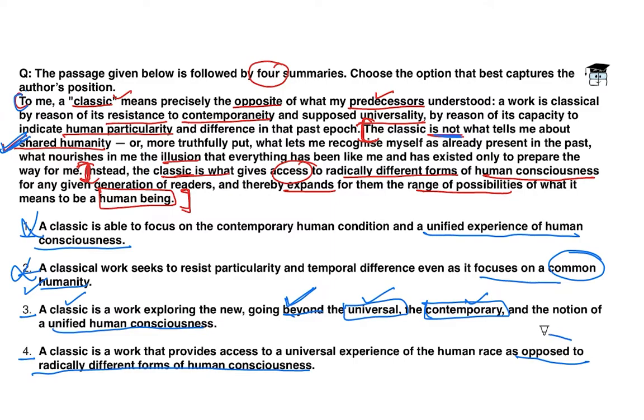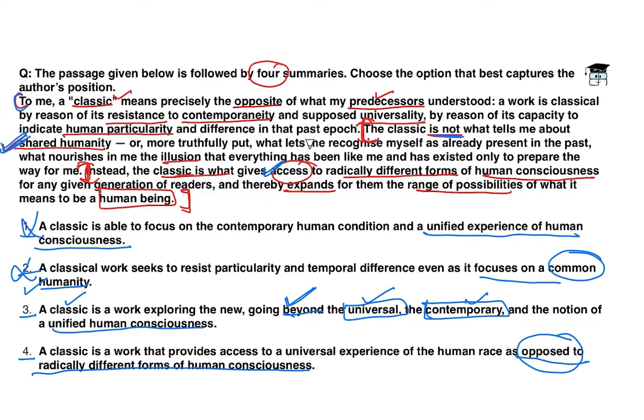We're talking about something opposing something, right? Which is clearly contradicting the third last line of the paragraph, stating that the classic is what gives me access to radically different forms of consciousness.